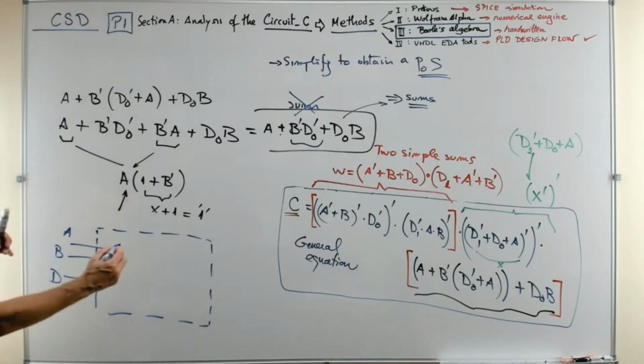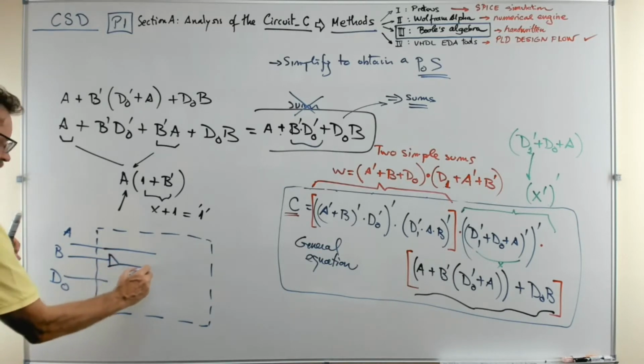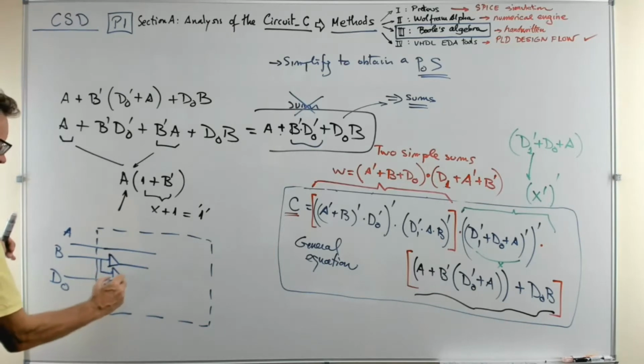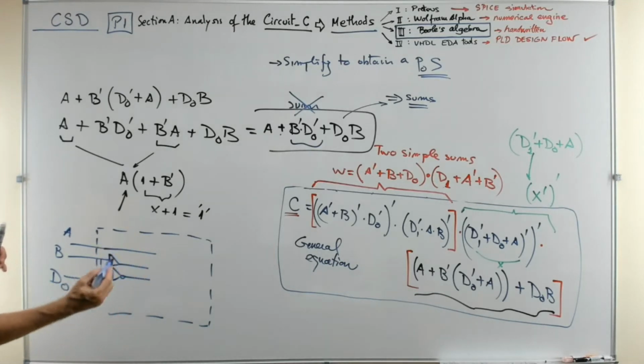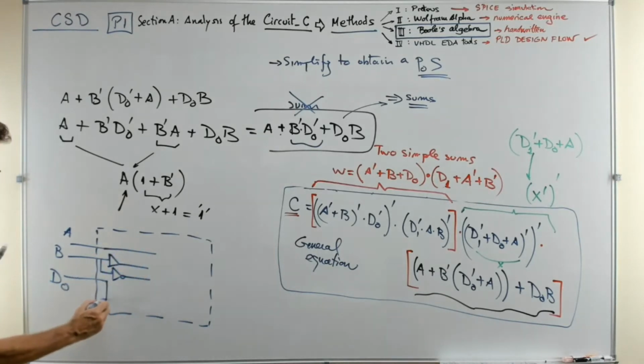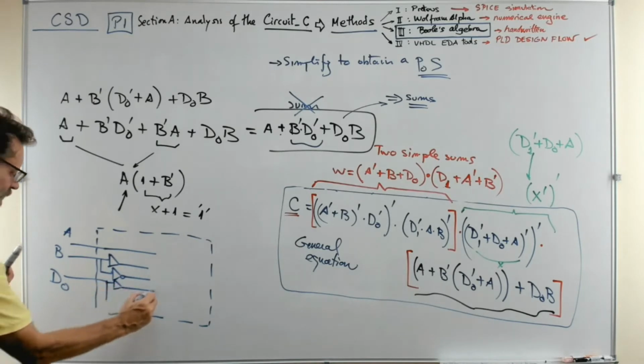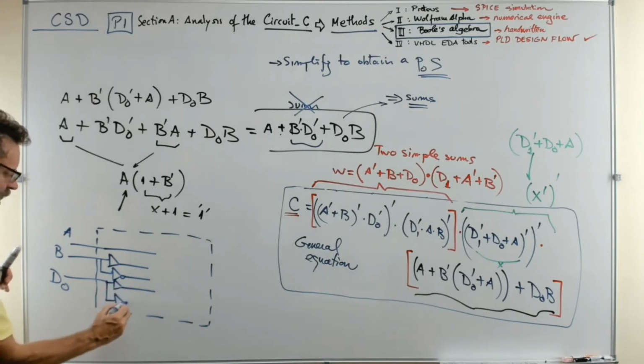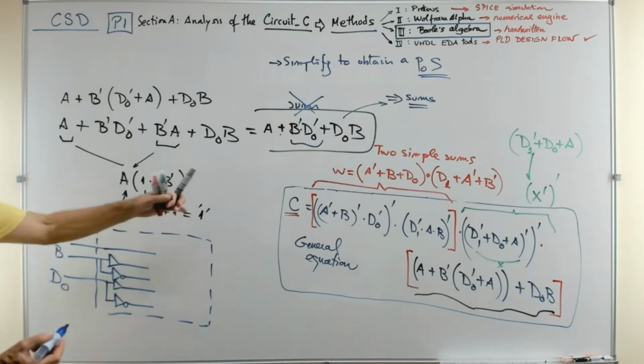So you have A, and then you have B and B naught, so you can imagine that you have B and B naught, all right? And then the same with D: you have D0 and D0 naught.